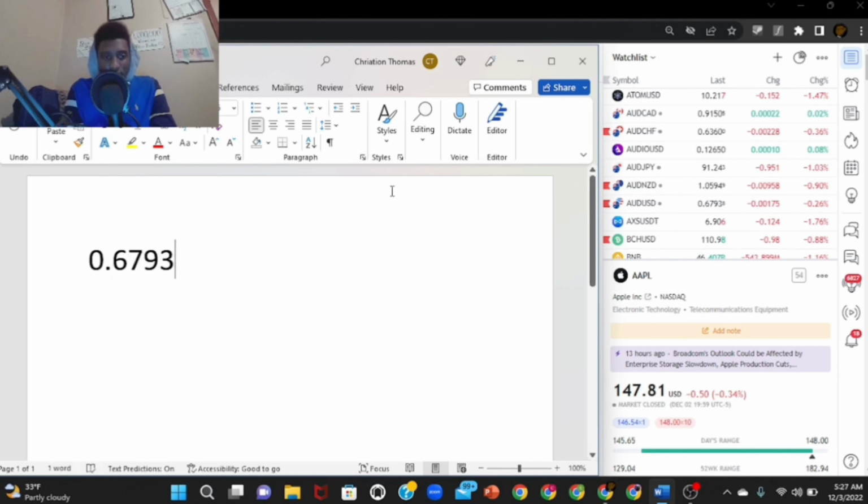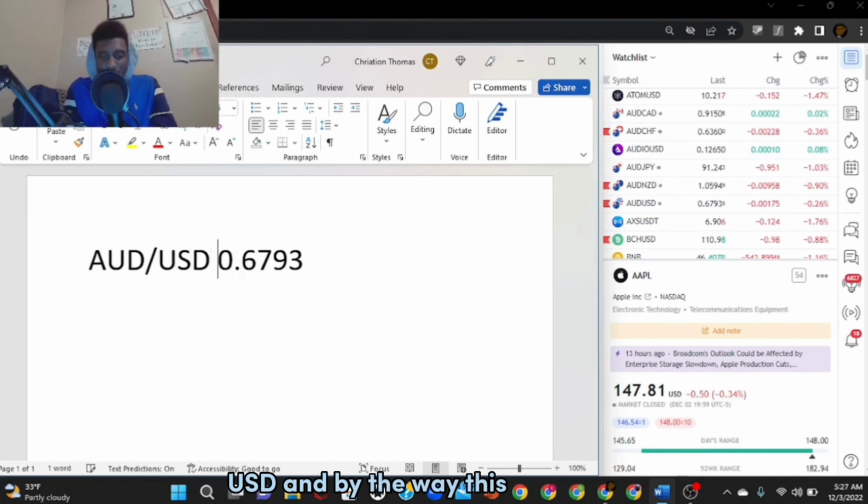And by the way, this is the price of AUD USD. A pip is a measurement of price. It stands for price and percentage.